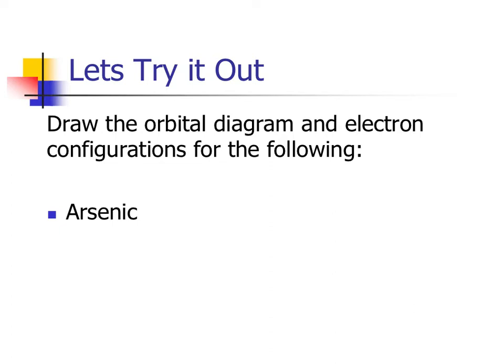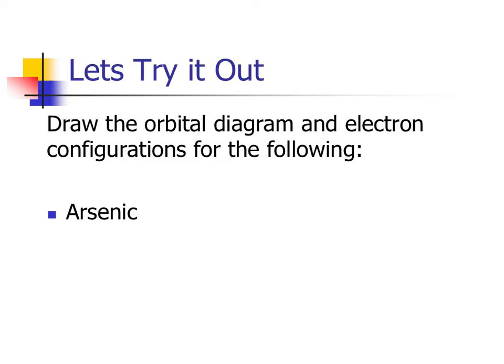Again, as always, good practice, getting used to writing it out or trying it out before I get to it can be very beneficial for you. Arsenic ends in what row? The fourth row.